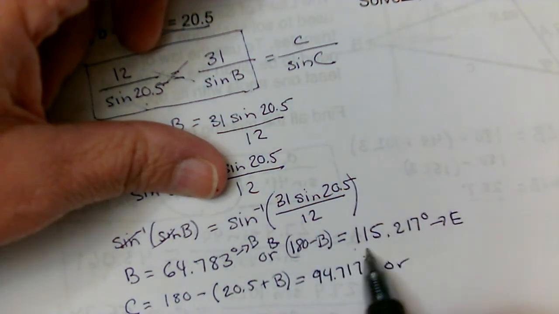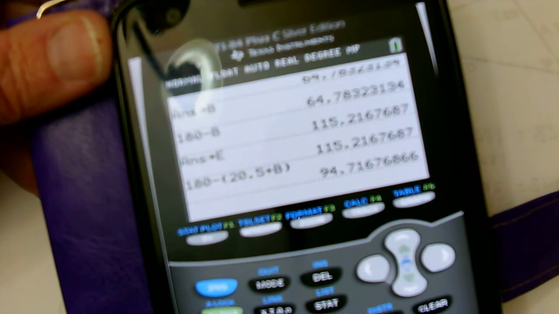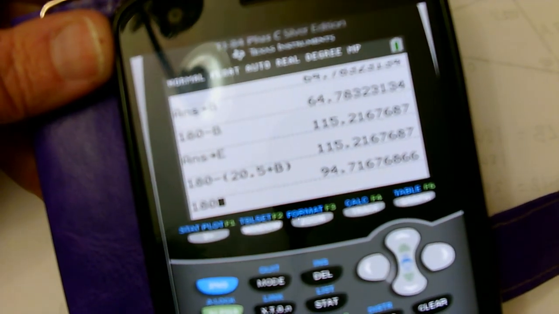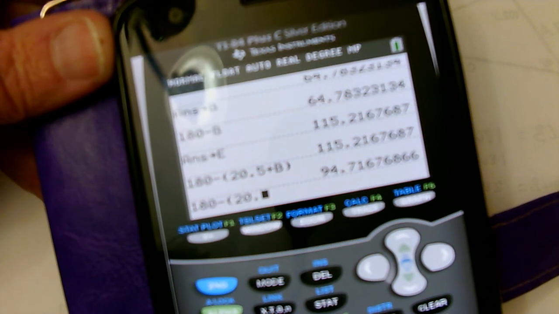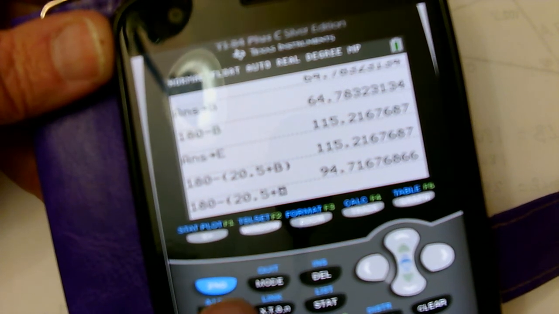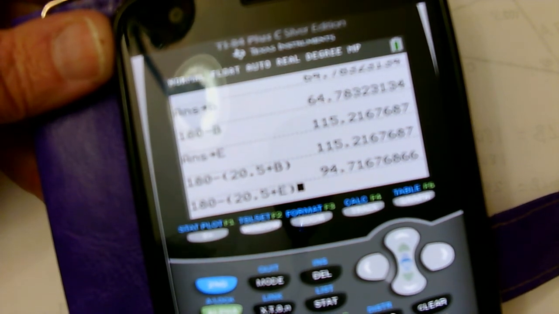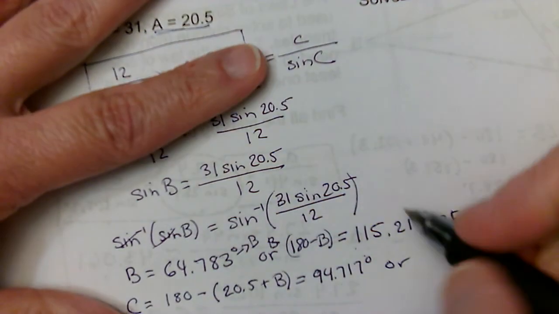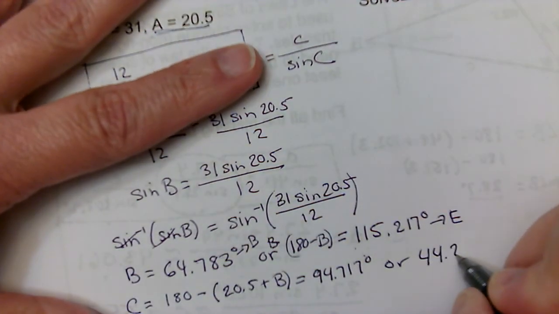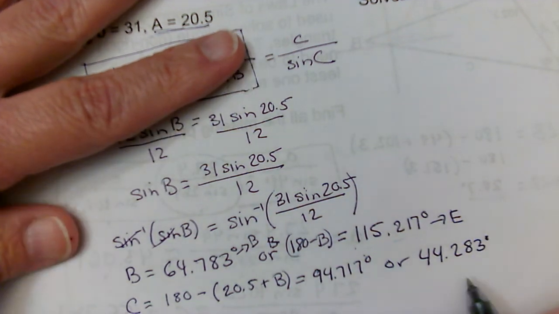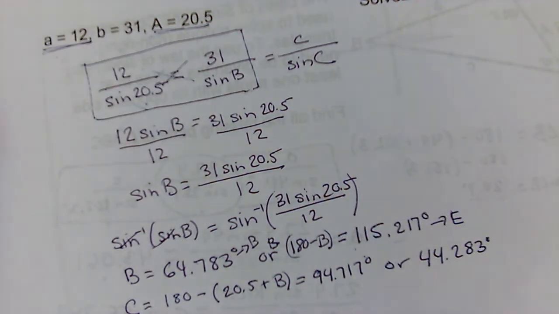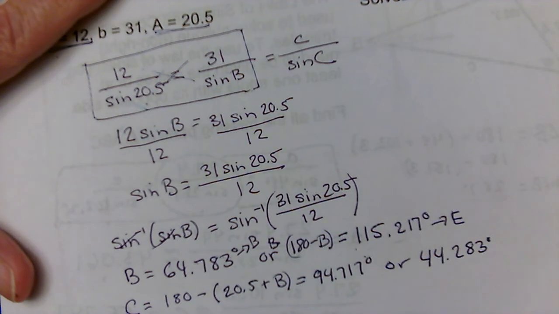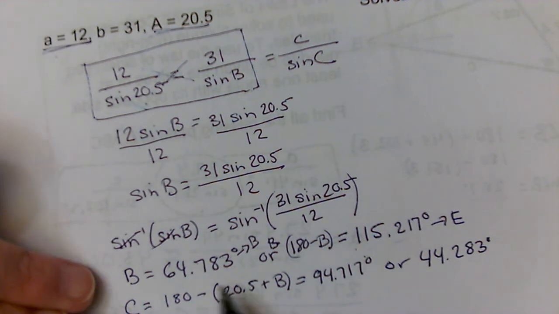Or, now I have to do it with the other angle, the 115. So 180 minus the quantity 20.5 plus the angle that I stored in E is 44.283. So this time I got two different answers for C, which means this problem is going to have two solutions. So you need to make sure you keep the solutions that went together together.